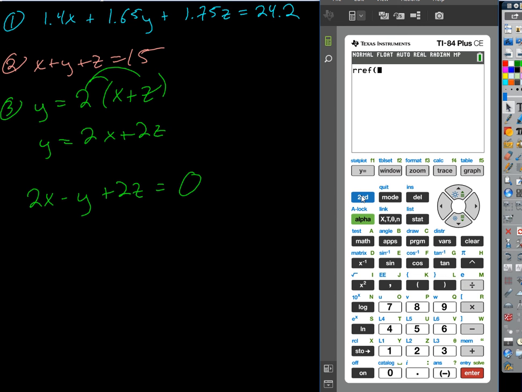Now back to matrix, 5. I should probably close the parentheses, but it doesn't really matter because there's nothing else in there, so I'm going to be lazy and not do it. If I hit enter, what's that telling me? 3 of the one kind of apples, 10 of the other apples. There you go. Okay, so take a picture.